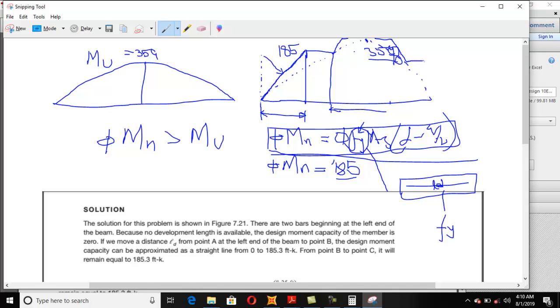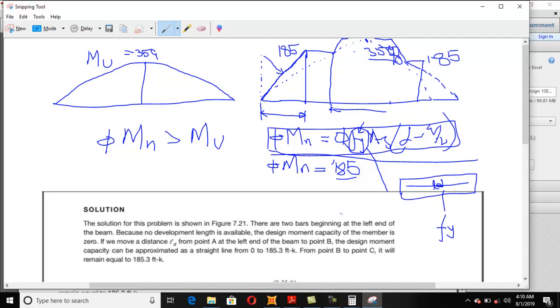Then it will go the same and then it will come down. Okay, so clear, this is again 185. Clear. So this is the capacity envelope.